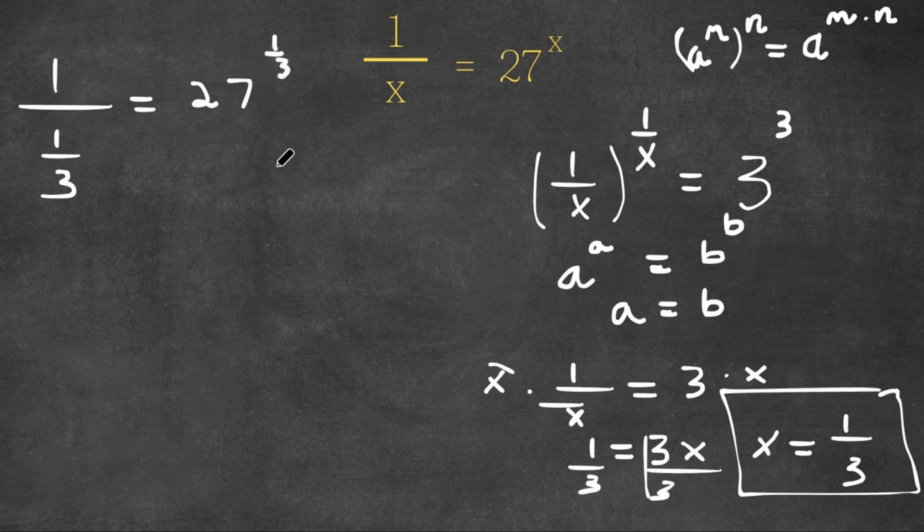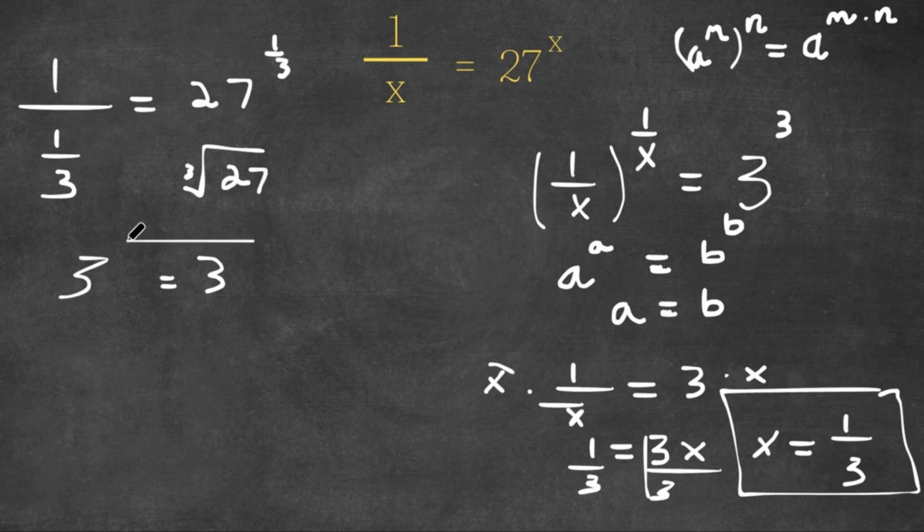Now, 27 to the power of 1 over 3 is the same thing as the cube root of 27, and the cube root of 27 is 3. So now we have 3 is equal to, now 1 over 1 over 3 is the same thing as 3. So 3 equals 3. Because this is right, we know that our solution is right.